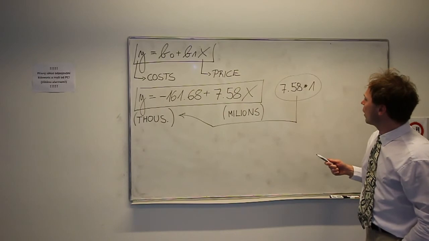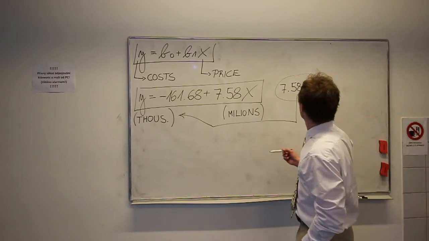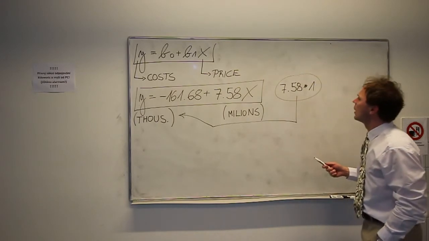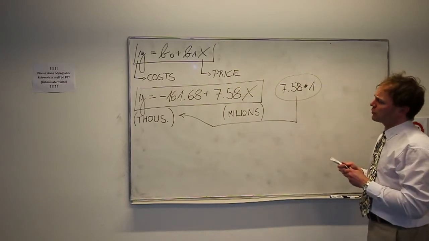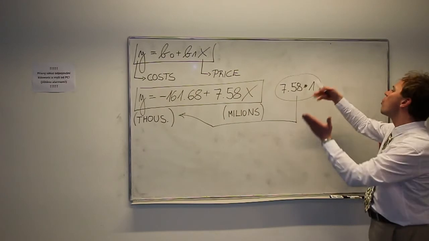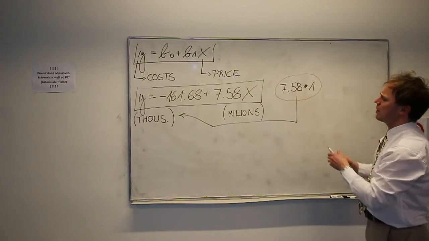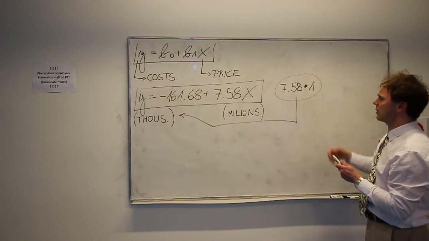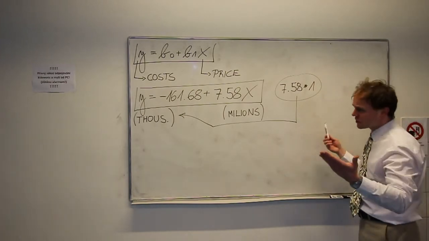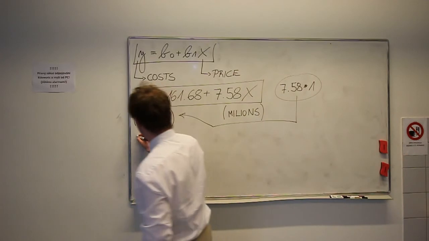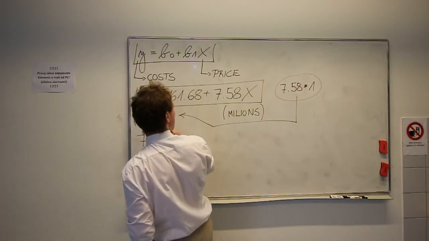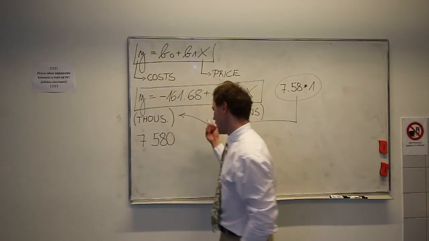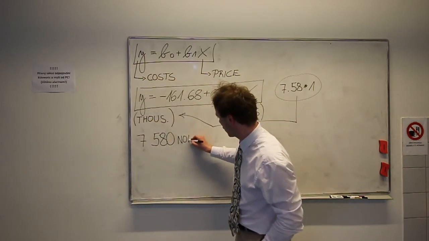So what does it mean? It means that if the price of the house is higher by 1 million, 1 times this coefficient, the costs are higher by 7,580 Norwegian crowns.